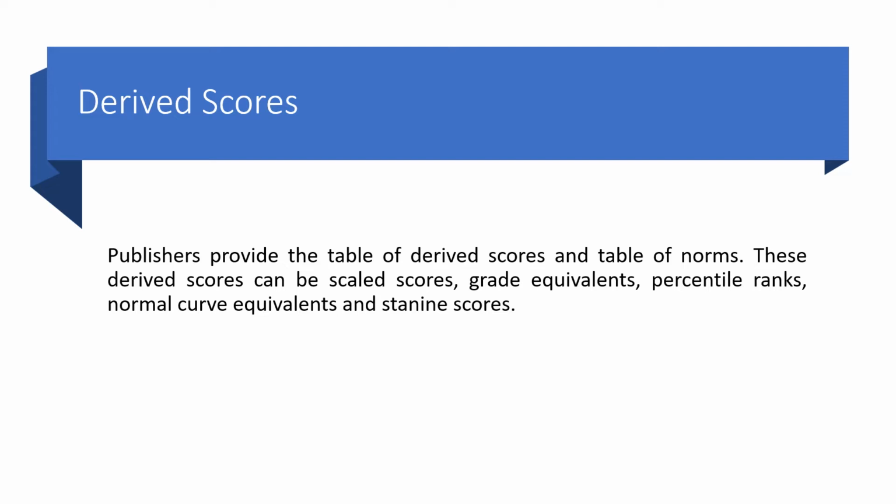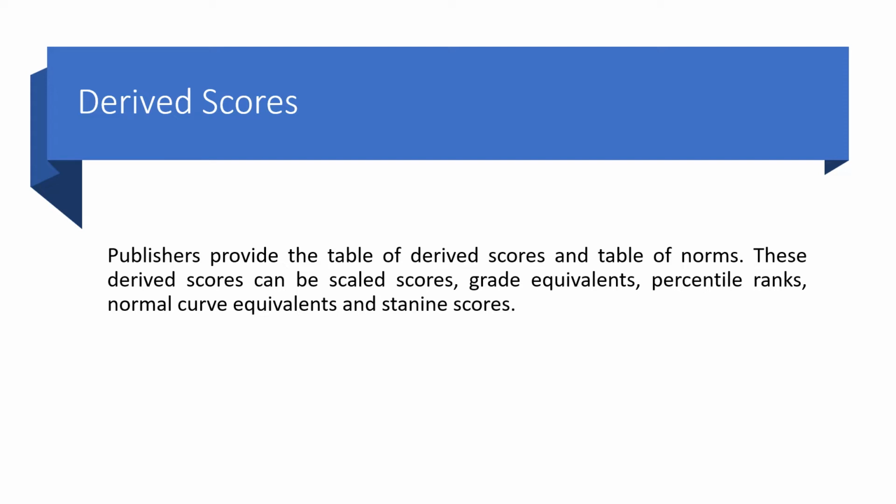Also, when you use any published test, publishers provide the table of derived scores and table of norms. These derived scores can be scaled scores, grade equivalents, percentile ranks, normal curve equivalents, and Stanine scores.